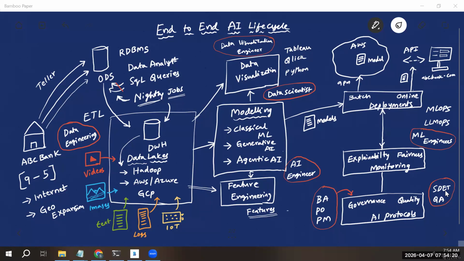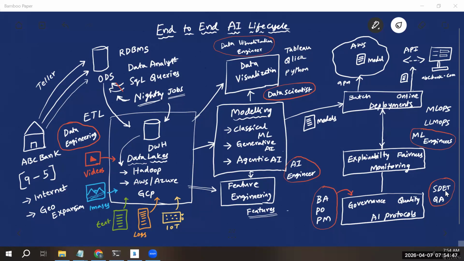So imagine I'm in the testing space. For a couple of years, I have strong knowledge of automation testing, test frameworks and so on. Then it is very easy for me to complement that and apply it in AI to test AI applications. And that is a very needed role.